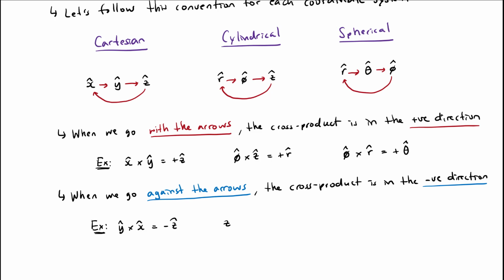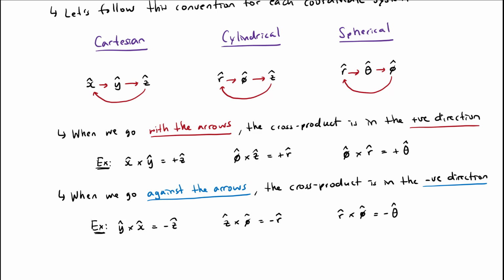What happens if I go from z in cylindrical coordinates to phi? That means I'll have negative r. And if I look at spherical, what if I go from r crossed with phi? That's going this way, which is against the red arrow, and that means I end up with a negative theta as my solution.